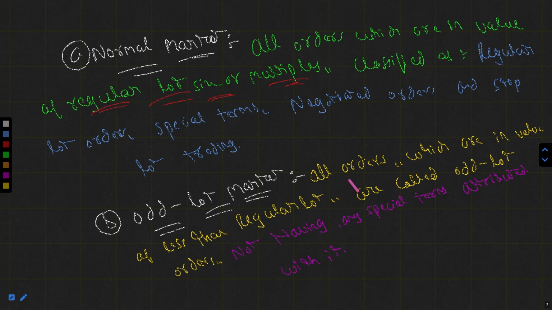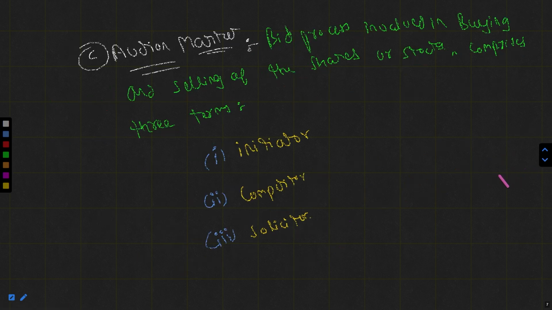These are all orders which are in value of less than the regular lot and are called odd lot orders. Okay, and they do not have any special terms attributed to them. Thereafter we have seen the auction market. Basically it is a bid process involved in buying and selling of shares or stocks, and it comprises three terms: initiators, competitors, and solicitors.